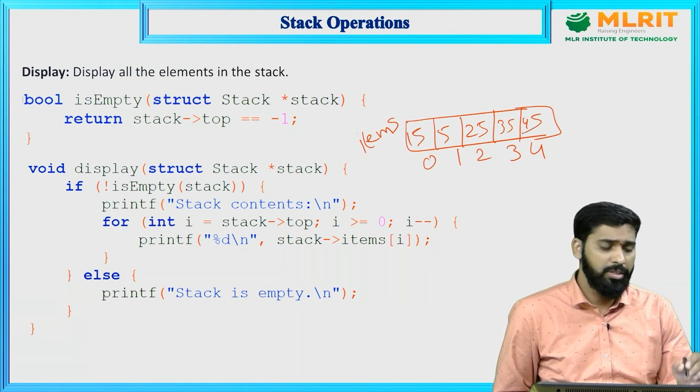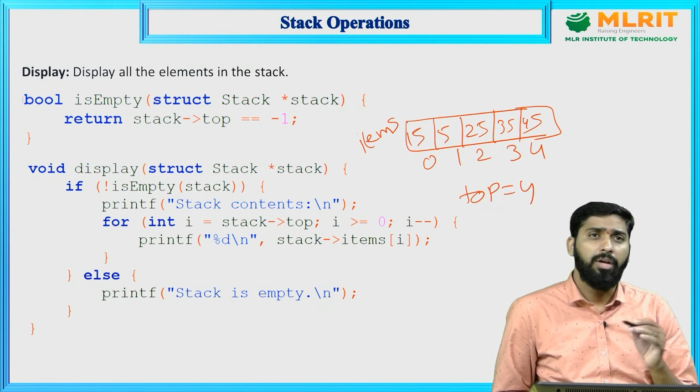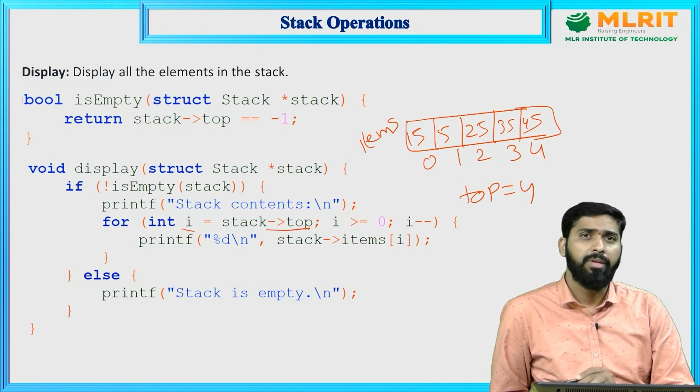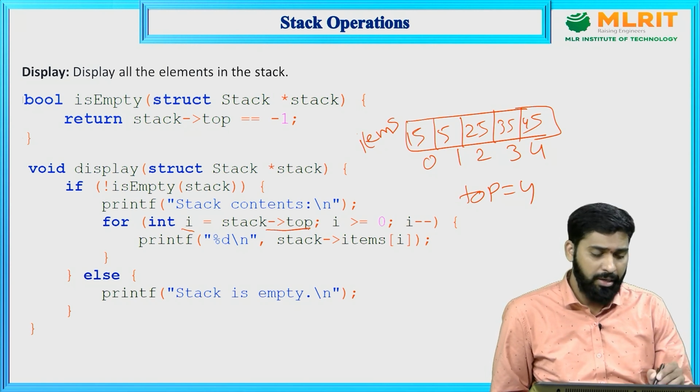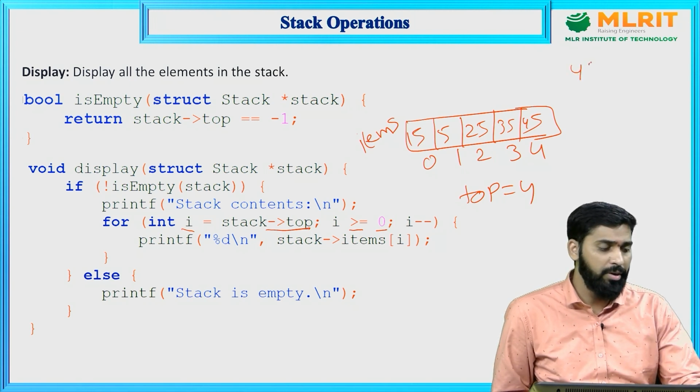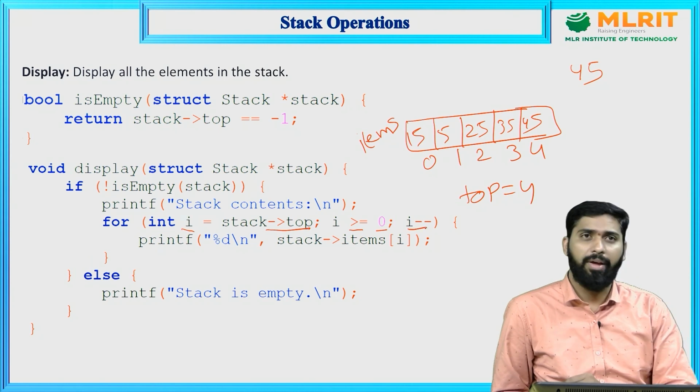Now, what is the top value? Top equals 4. Now I want to display from top to 0. So the for loop will start from the top value and we print while the i value is greater than or equal to 0, and after printing the value you decrement the i value.